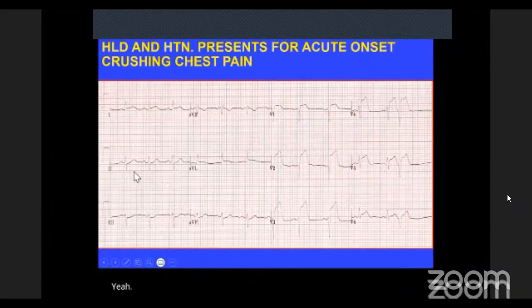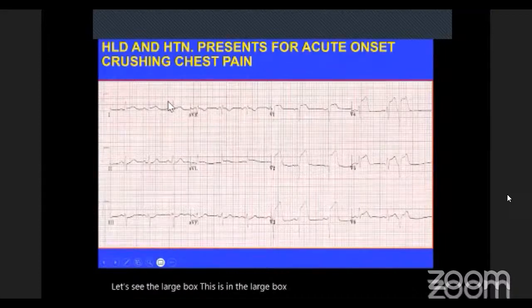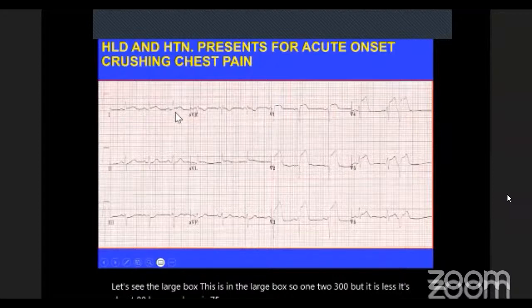And then the rate, about 100. Let's see the large box. This is in the large box, so 1, 2, 3. If it is 100, but it is less, it's about 80, because here is 75, here is 100, so something in between. Let's say 80 beats per minute.